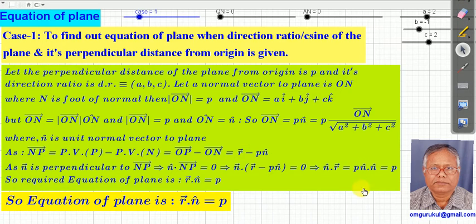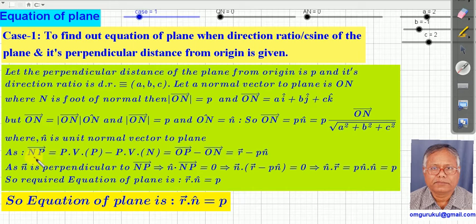Okay. So the unit normal to the plane is vector ON, the normal vector to the plane, upon the modulus of vector ON. As vector ON is AI plus BJ plus CK, the modulus of vector ON is under root A square plus B square plus C square. Now everything is clear. N is the unit normal to the plane.